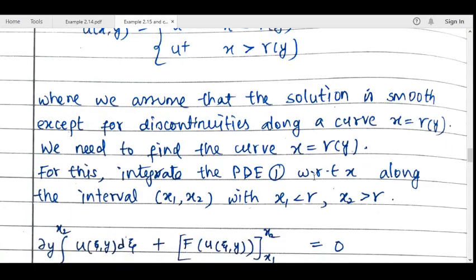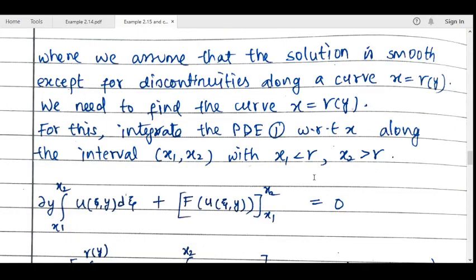So for this we integrate the PDE, equation 1, with respect to x in the interval x1 to x2, where x1 is less than gamma and x2 is greater than gamma. That is, gamma lies in between this interval.